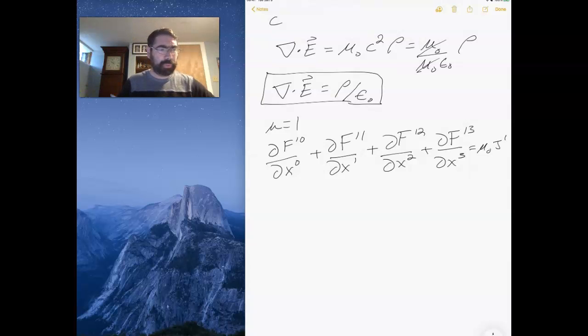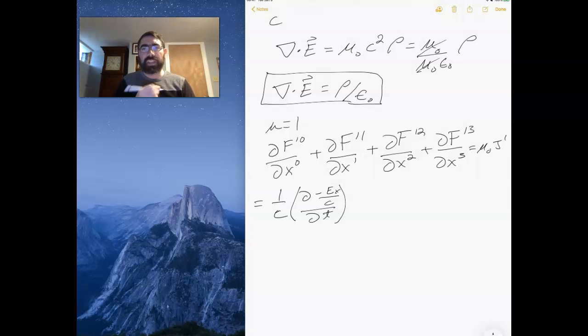Okay, so let me put the components in. I would get 1 over c, d minus Ex over c dt. So basically we're looking at the second row of the field tensor.